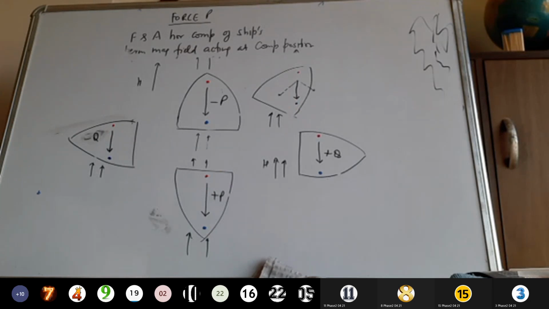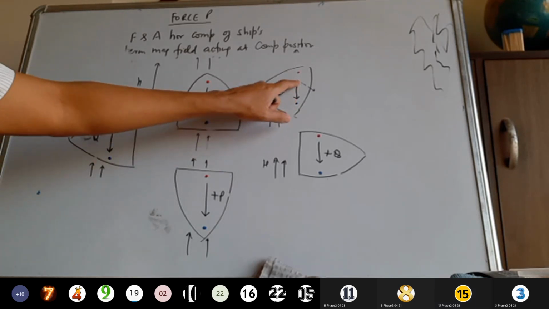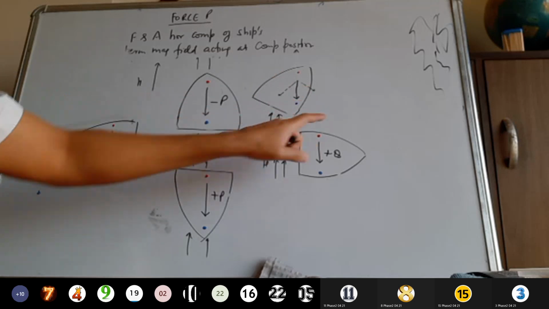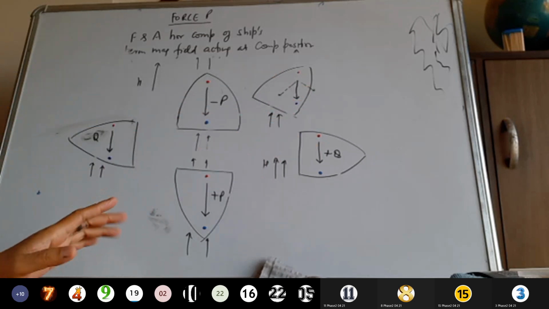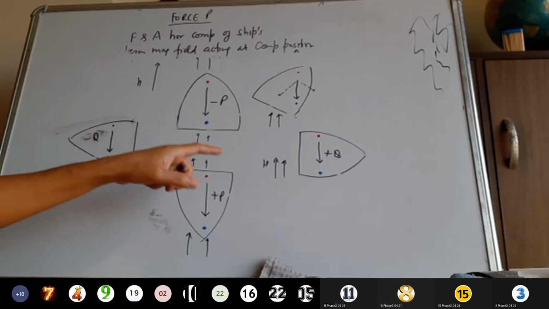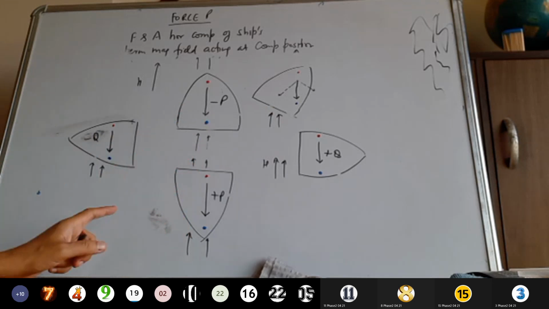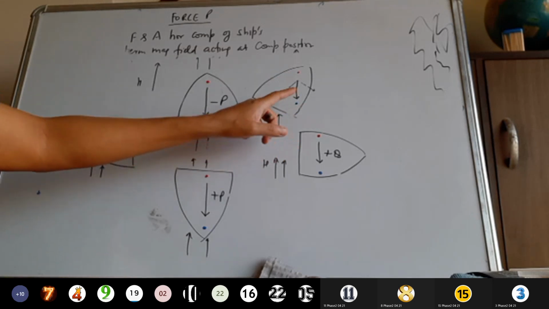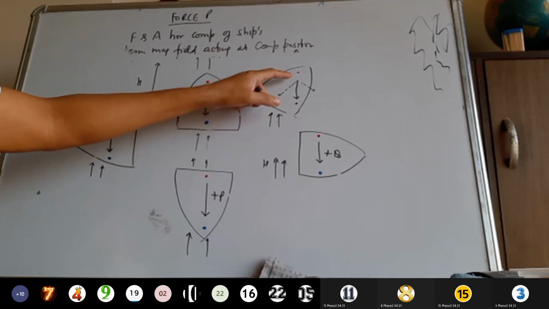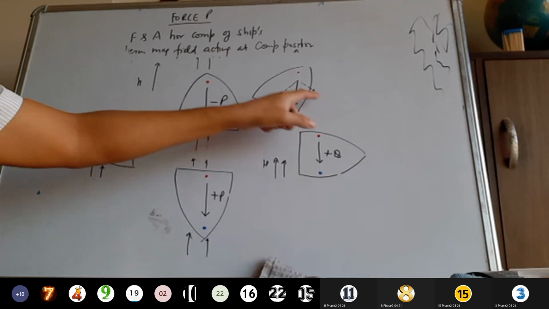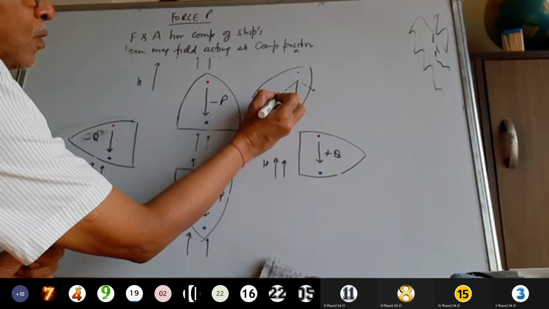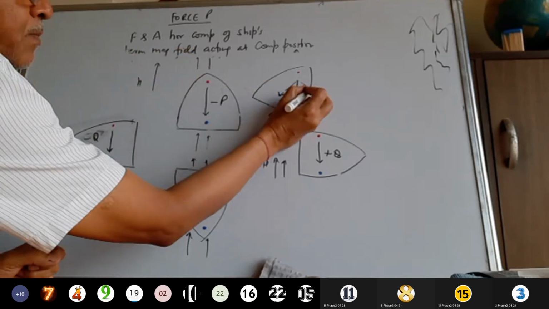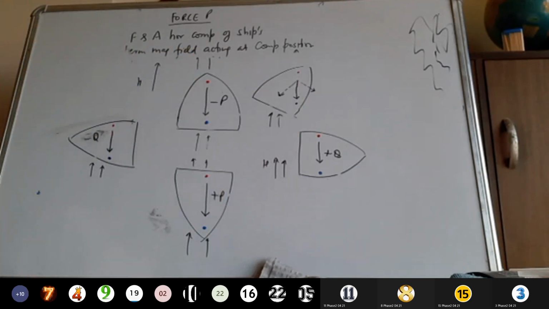So this force can be resolved into a fore and aft component and a thwartship component. We are not talking about the north and south component. We are talking about fore and aft and thwartship, because plus P, plus Q, minus P and minus Q are with respect to whether they are acting towards bow or stern, or towards starboard or port. So this force is acting towards south, that is no problem. But we have to resolve into a fore and aft component and a thwartship component. So the fore and aft component will go towards aft, and the thwartship component will go towards starboard. Is that correct?